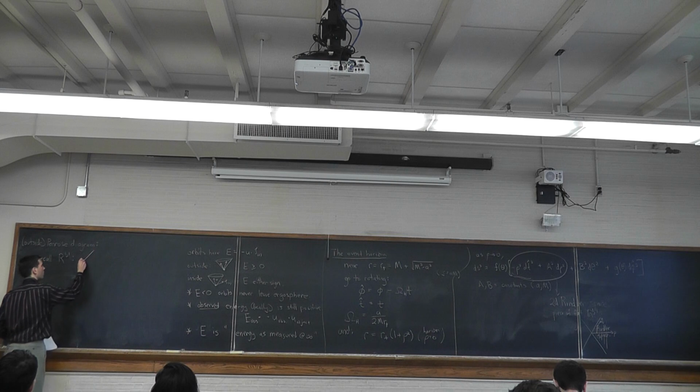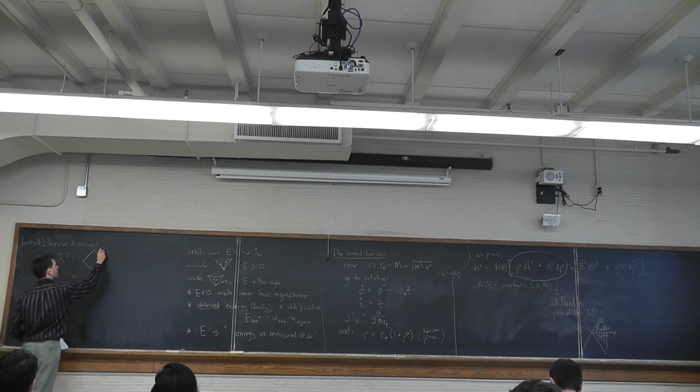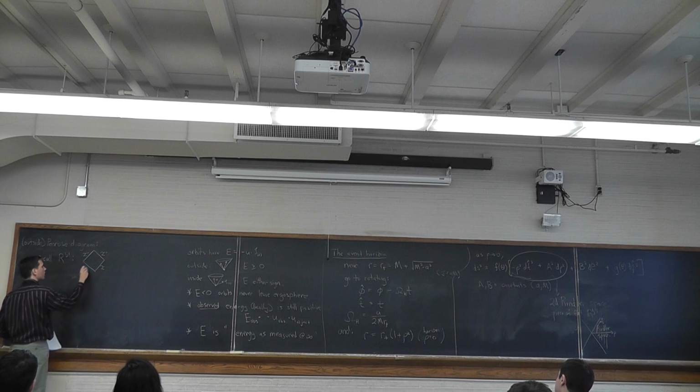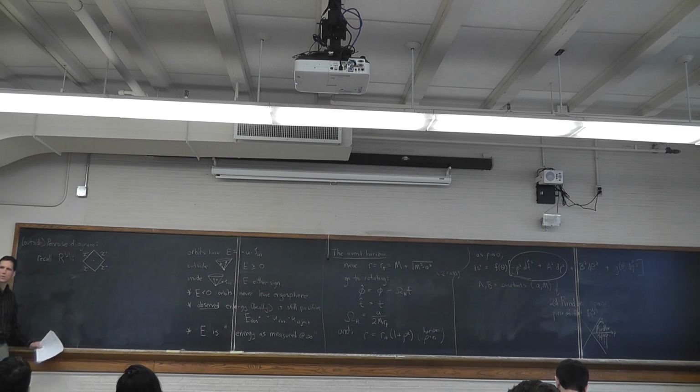The Penrose diagram looks like this. This is future infinity, past infinity. This is the origin of Minkowski space.